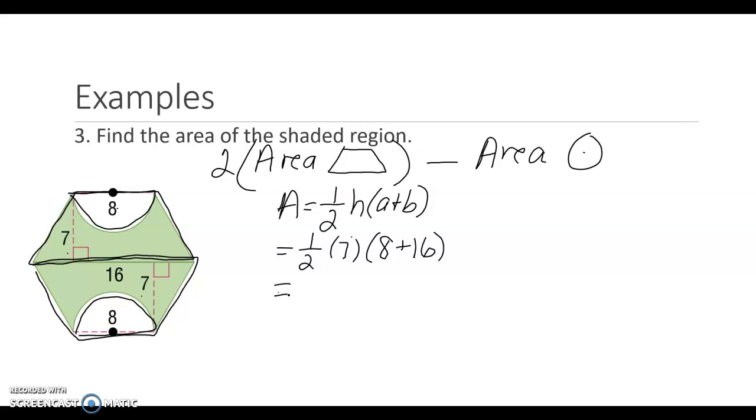And the area of one trapezoid is going to be 84 square units. And so if I multiply that by 2, I get that both the trapezoids together have an area of 168 square units. Now let's look at the area of my circle. So area is pi r squared.